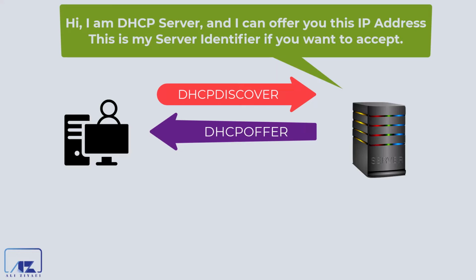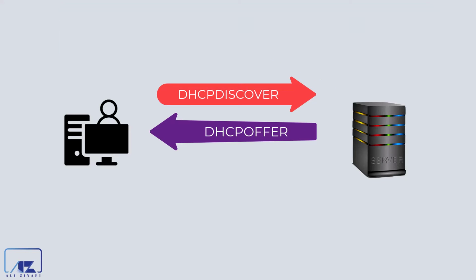If you have multiple DHCP servers in your network, then they will all respond back with a DHCP Offer. The client will receive multiple offers, and the client can accept the first offer that it receives. Once the client accepts the offer, it will send back a DHCP Request packet that contains the server identifier of the DHCP server that the client is accepting the offer from.